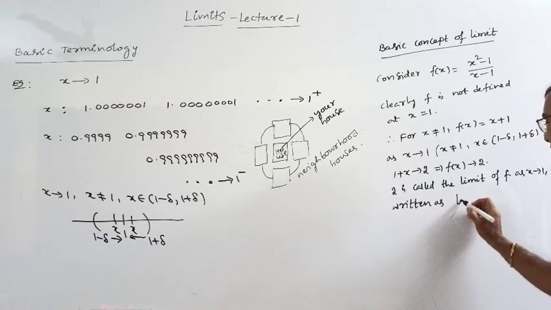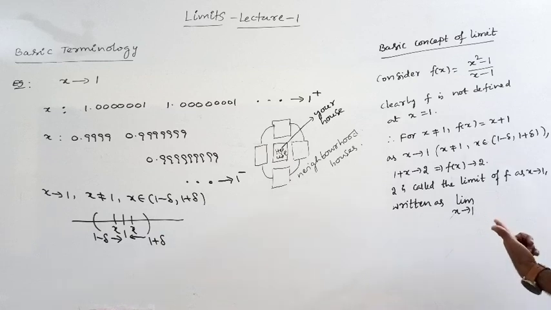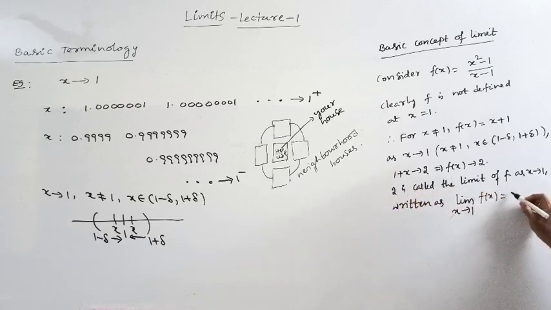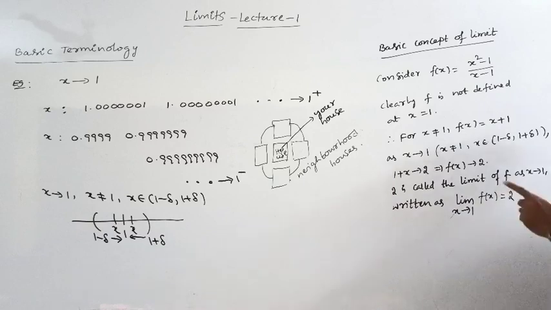We write limit x tends to 1, f of x equal to 2. The meaning of this is that f of x approaches 2. Sometimes it may be equal to 2, sometimes it approaches 2.